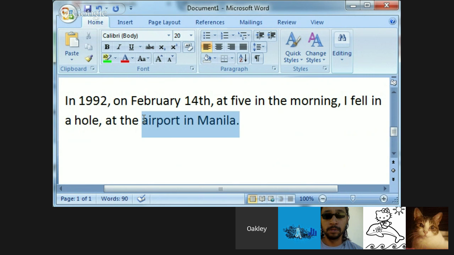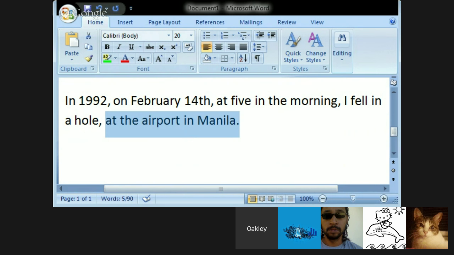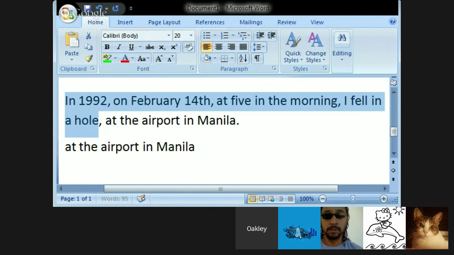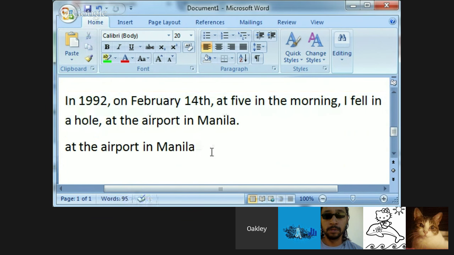Okay, I have this place first. Can I move it? We've been practicing moving it. Can I put this in the beginning of the sentence and then have all the rest? Airport. No. Let's look at the whole thing.